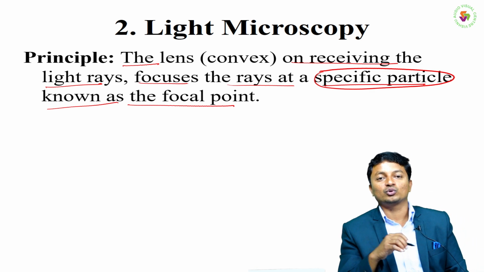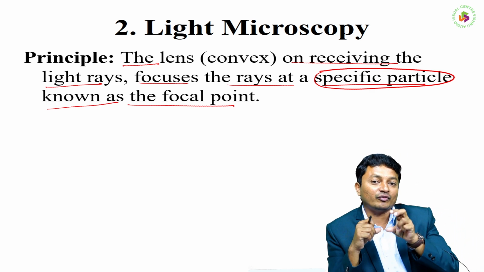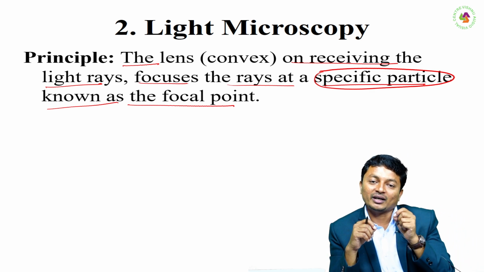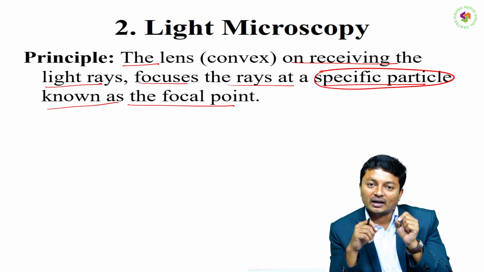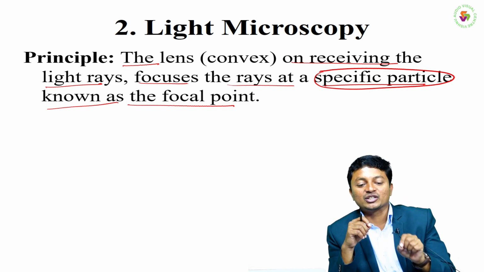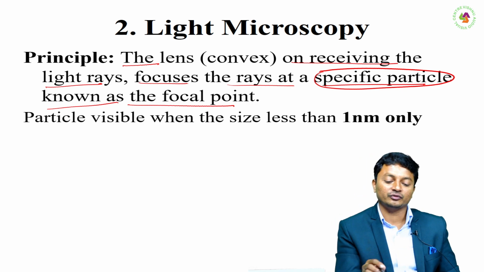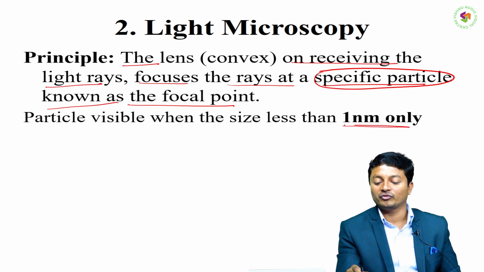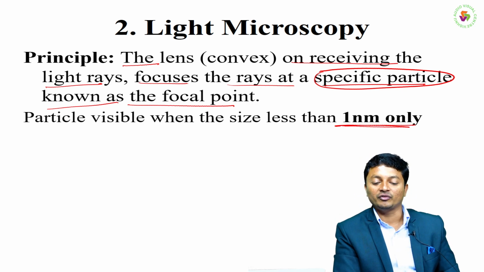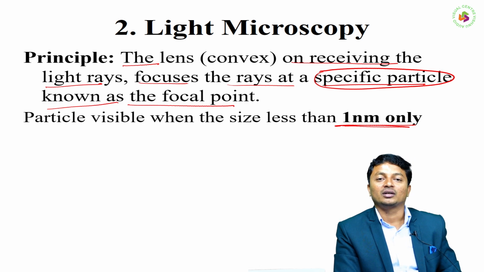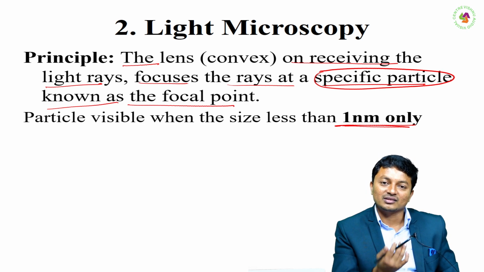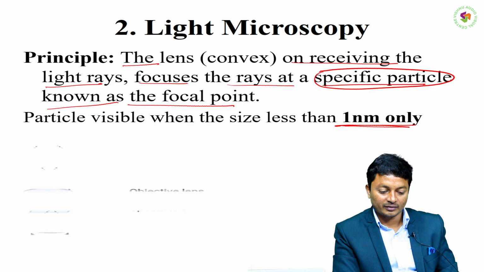When the light source is received, the light is specifically pointed at a particular particle. That is the principle involved in light microscopy. And the range of the particle, when we have less than 1 nanometer, then only we can see the particles by using this light microscopy technique.